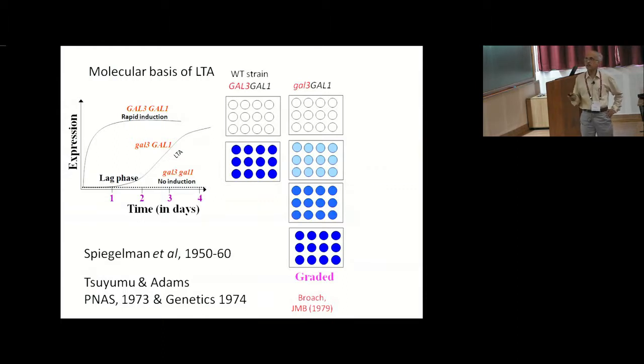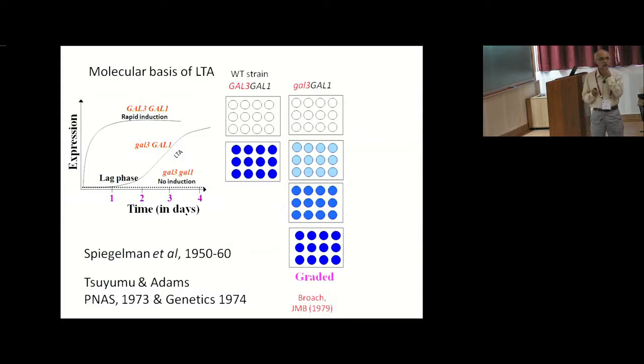He assumed that in a Gal3 deletion strain, when you add galactose, in each cell Gal1 builds up very slowly over a period of time, and the moment Gal1 reaches a threshold, it senses galactose and the system is on, okay? This was the explanation given by Jim Broach in 1979. So this is a graded concept where all cells respond in a similar fashion, okay?